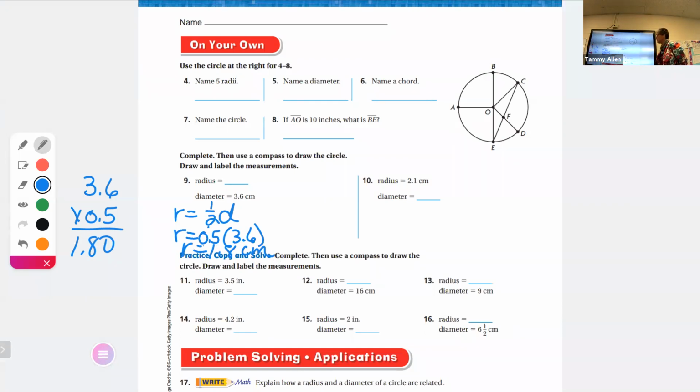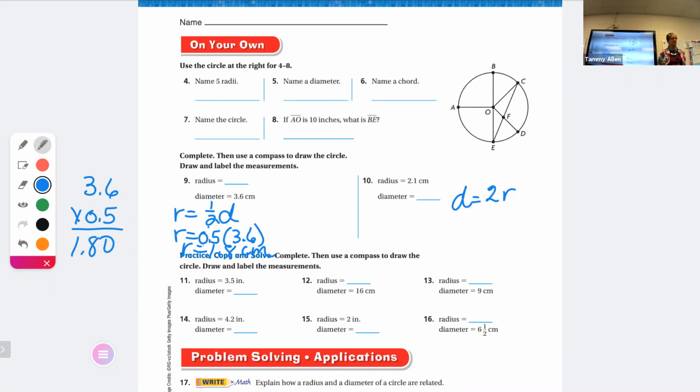Number 10, we know the radius, we're looking for the diameter. What formula will we use? Ezra. Abby?